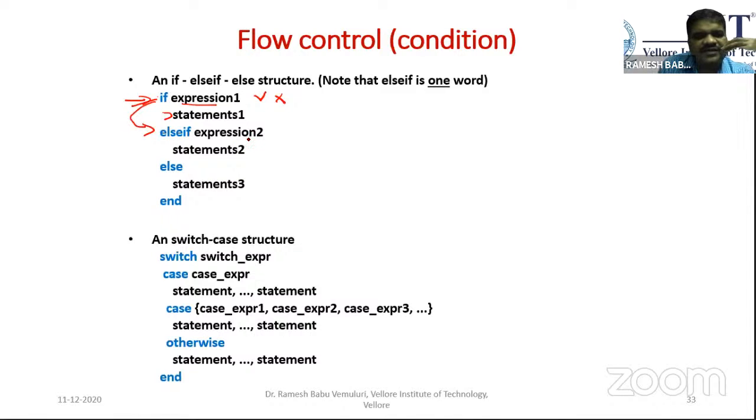If this condition is true, then it will go here. If not, then it will go to the next, else. For else there is no checking. So directly it will go here, and after that it will execute this statement. And end means it will come out of the loop. So for the else there are no conditions. Here there is no expression, no checking. So if both the conditions are not true, then obviously it will go to the else.